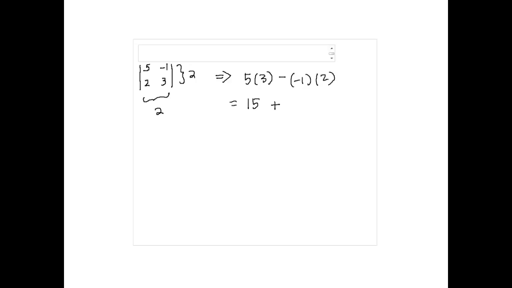So we have 15 plus 2. That will give us 17 as the answer. Note that if you have a 2 by 2 determinant A, B, C, D, this is given by A times D minus B times C.